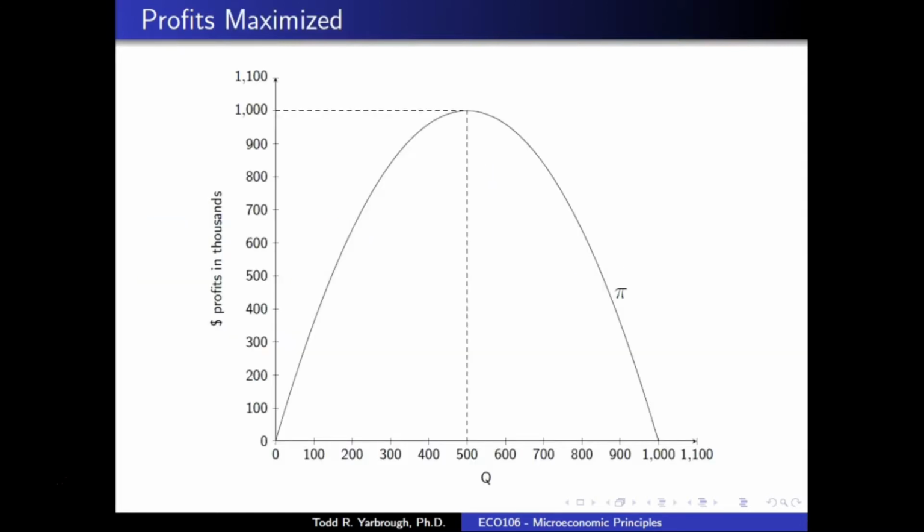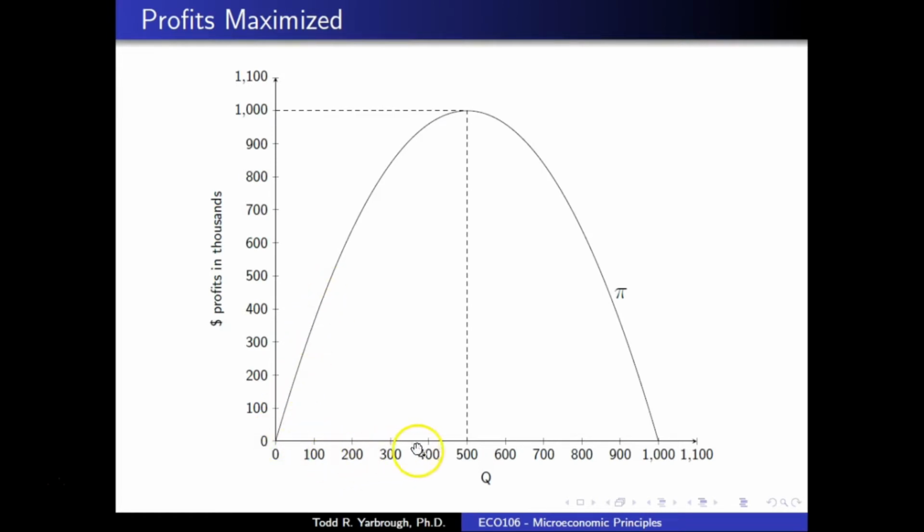Okay, so here's a mathematical representation. On the horizontal axis here, we have the quantity decision. So this is how much the firm chooses to make. And then on the vertical axis, we have profits. So what we can notice here is that as the firm goes from producing 0 units to, say, producing 200 units, their profits rise fairly considerably.